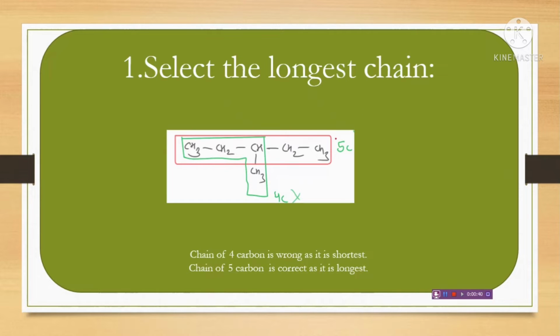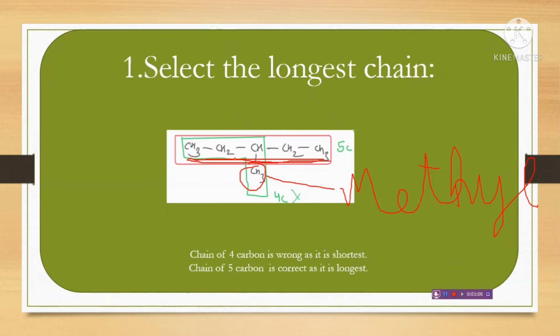So I am repeating it, that we need to select the chain which has the maximum number of carbon atoms in it. So we have 5 carbons in it when we select it as the chain. This substituent group is known as methyl. So it is methyl and the chain has 5 carbon atoms.